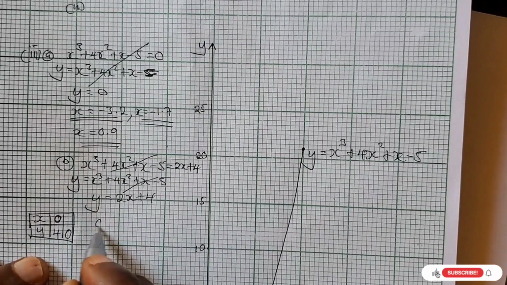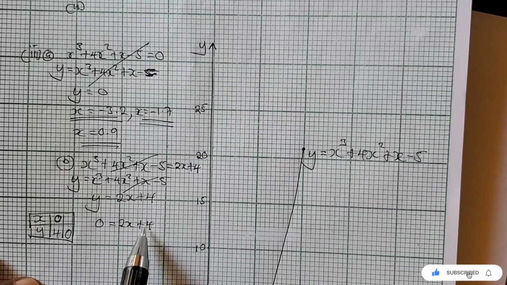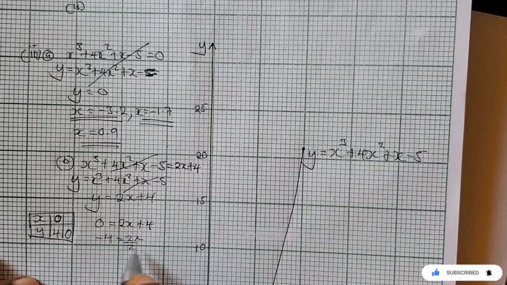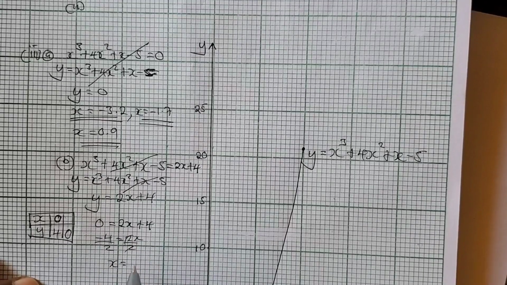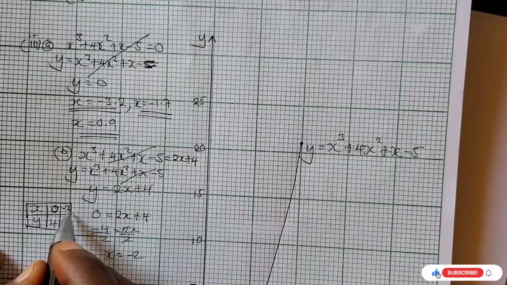If y is 0 here, then 0 is equal to 2x plus 4, right? Then when this one crosses over, it becomes negative 4 is equal to 2x, divide by 2 on both sides. x is equal to negative 2. So here we have negative 2. So these are the coordinates.